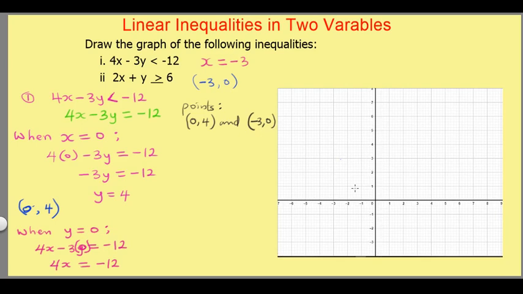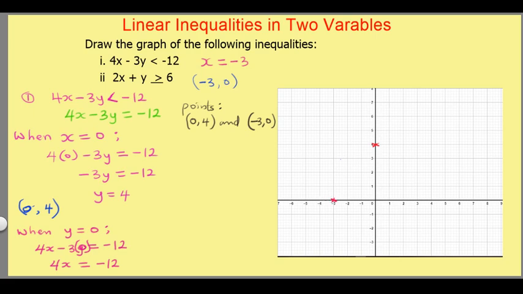So the very first, we have it as the point when x is 0, y is 4. That's this point. The other one, when x is minus 3, y is 0. So we are plotting this.